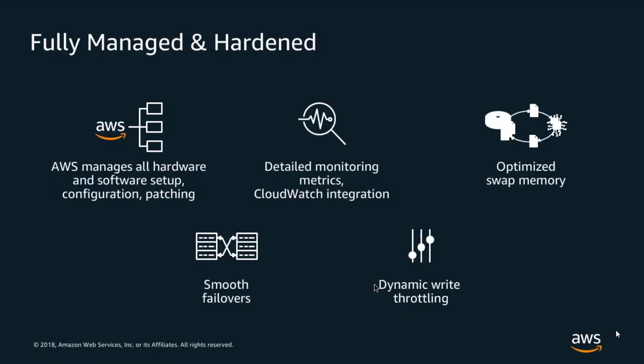With ElastiCache for Redis, not only do you get all of the Redis capabilities we just talked about, but it's also hardened by Amazon. So I'll quickly talk about very specific capabilities that we've added with ElastiCache. First and foremost, of course, AWS manages all the hardware and software configurations for your cluster, right? So it is monitored 24/7 by our monitoring software that can trigger alarms if anything goes wrong or take corrective actions as necessary.